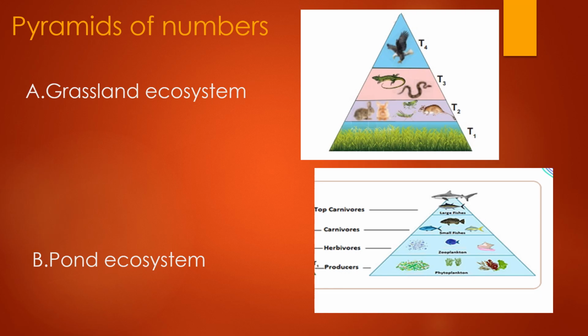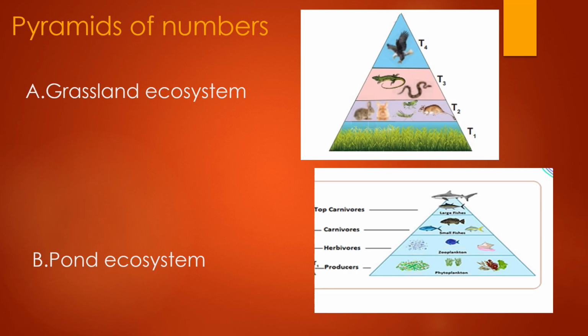And the topmost layer, that is hawk or eagle, or a higher grade of organism, they are less abundant. That means the most abundant one is the producer and the least abundant one is the topmost consumer. So this pyramid is upright in structure in case of grassland ecosystem.